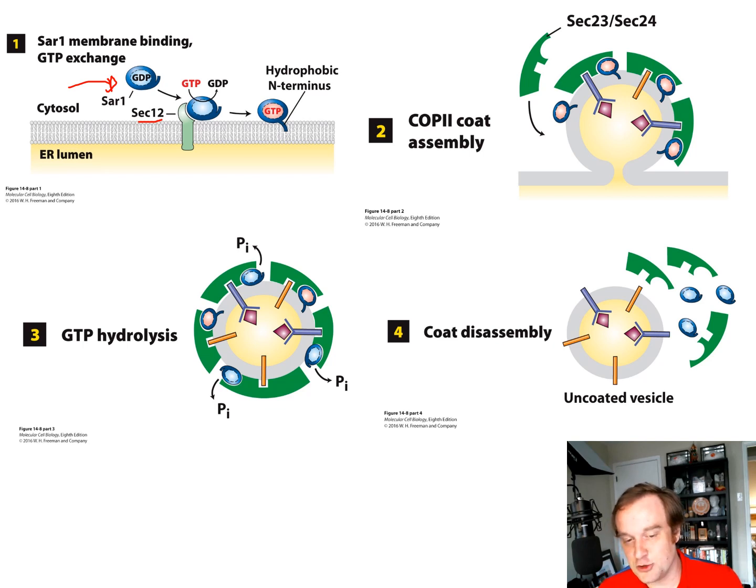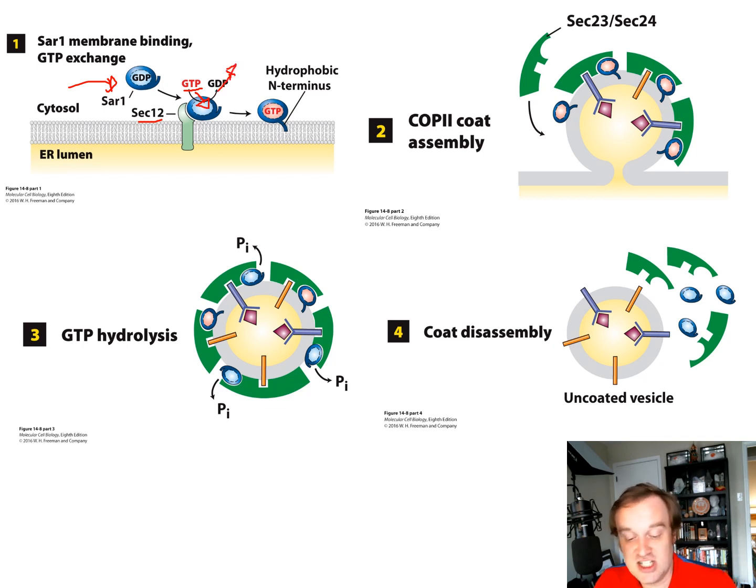This is an integral membrane protein that is transmembrane and found throughout the ER membrane. We then have Sec12 kind of hold SAR1 in place and stimulate this exchange of GTP in and GDP out.